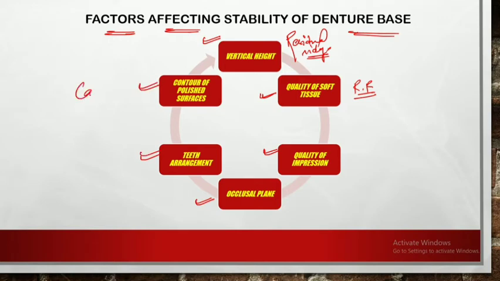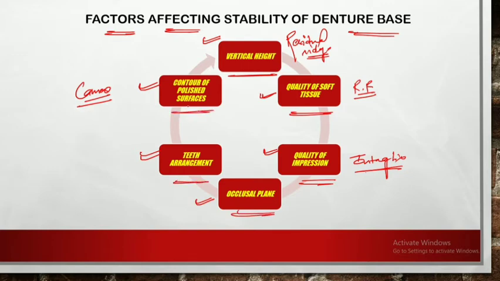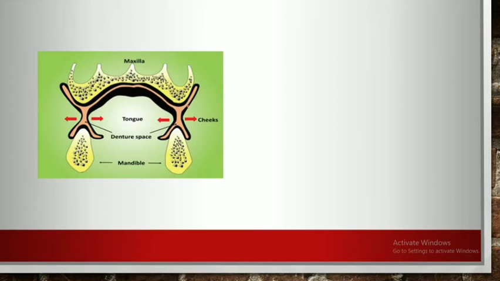The polished surface is also known as cameo. The impression surface is known as intaglio. Okay, so these are the 6 factors which are going to affect the stability of the denture base, that is vertical height, quality of soft tissue, quality of impression, occlusal plane, teeth arrangement, and contour of the polished surfaces. We'll study all the factors one by one.